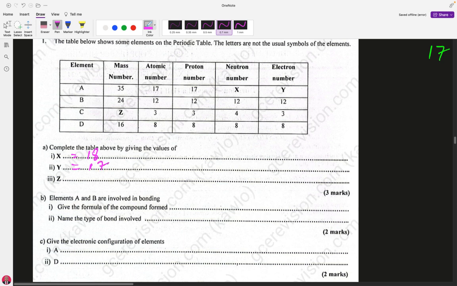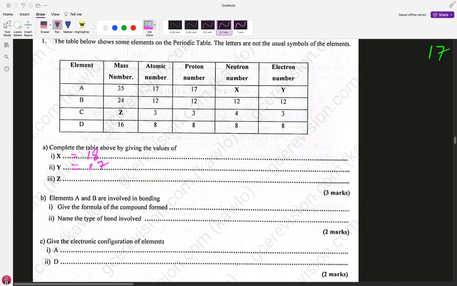Now, the letter Z is on element C. The mass number is Z, and the atomic number is 3, equal to the proton number, and you know that the proton number must be equal to the number of electrons.